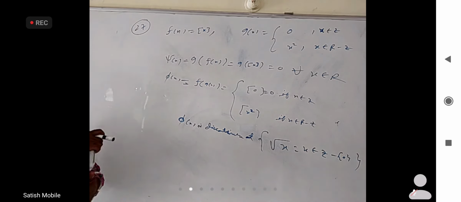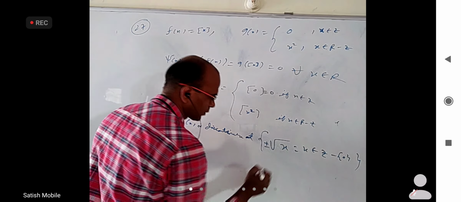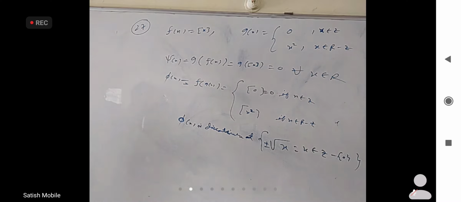One more thing, I should put a plus or minus here. I should not forget that. At minus root 1, minus root 2, minus root 3 also it is discontinuous.